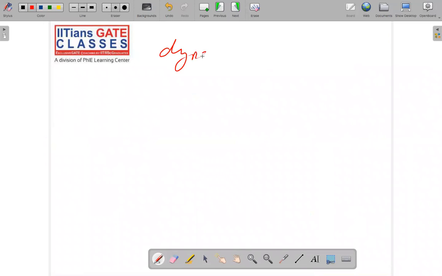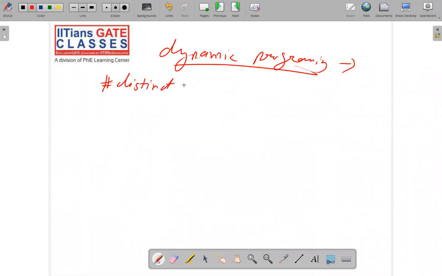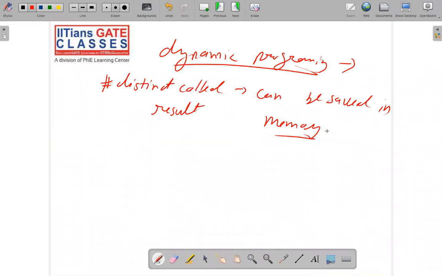Dynamic programming says that the number of distinct calls can be saved. Its result, the distinct call result, can be saved in memory, so we don't have to solve it again.